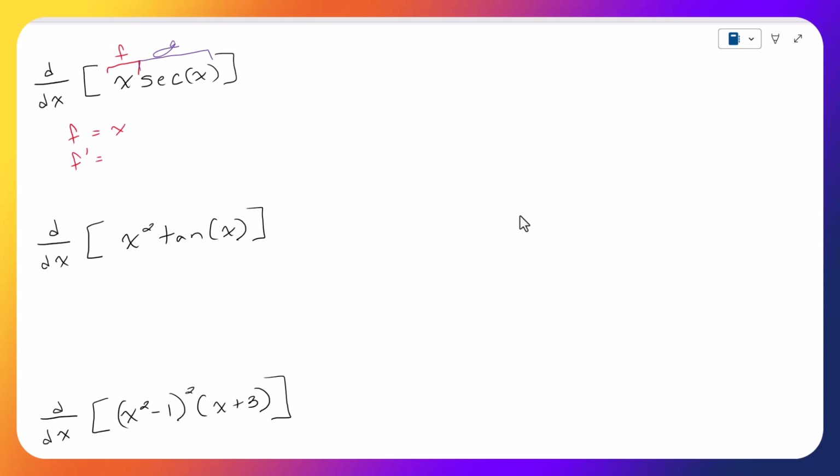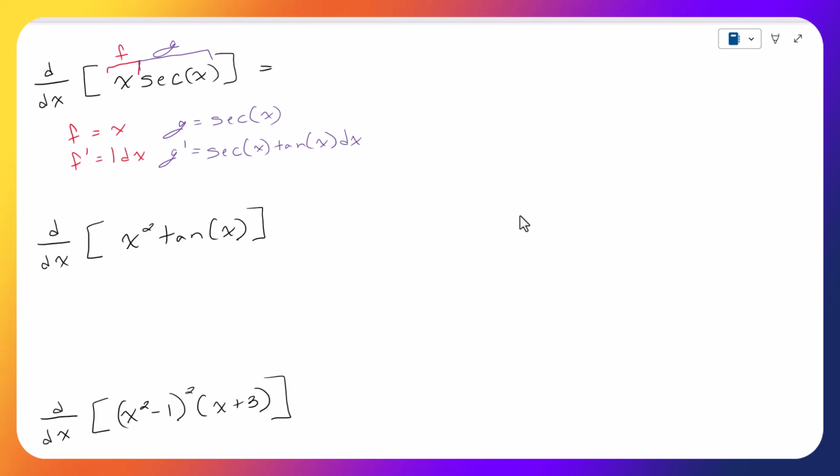Just to be a little more formal. So then this would be 1 dx, and then we have g is secant of x. The derivative of secant is secant x tangent x dx.